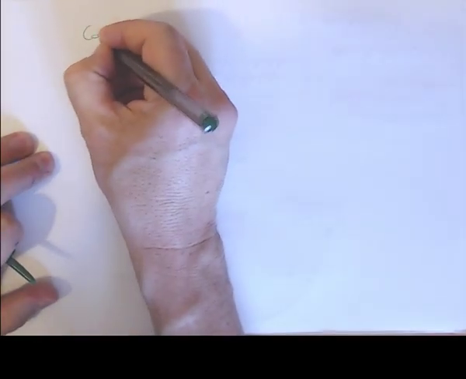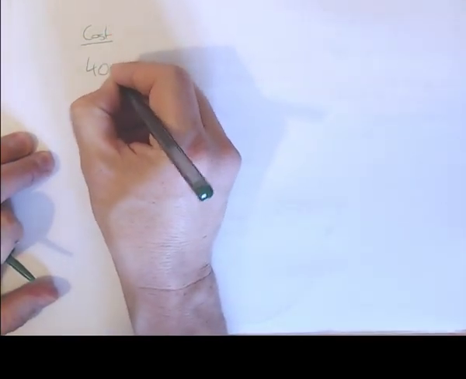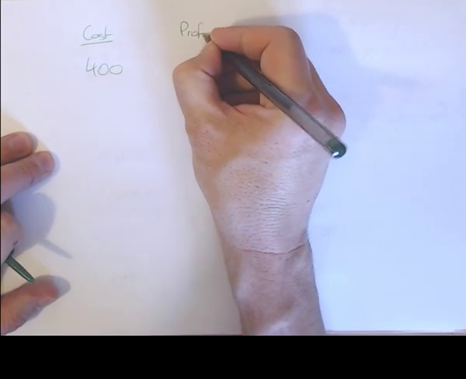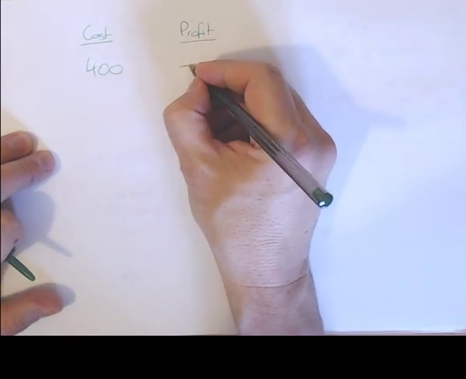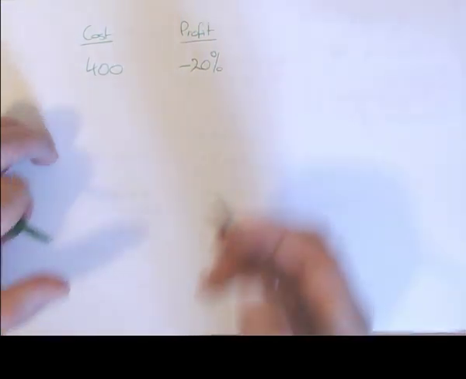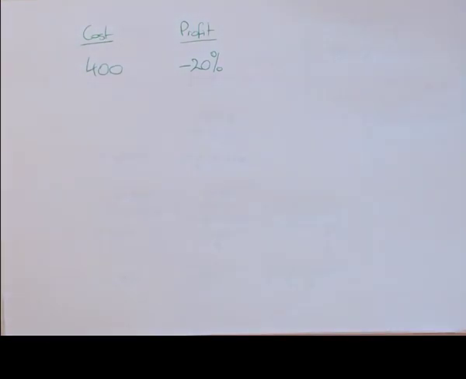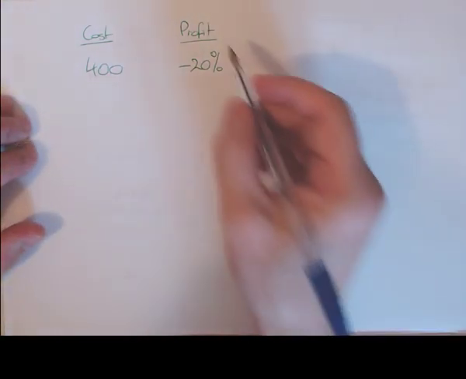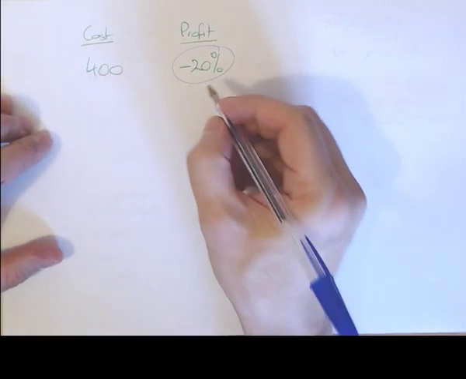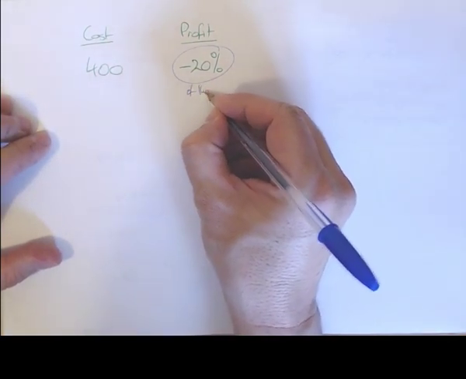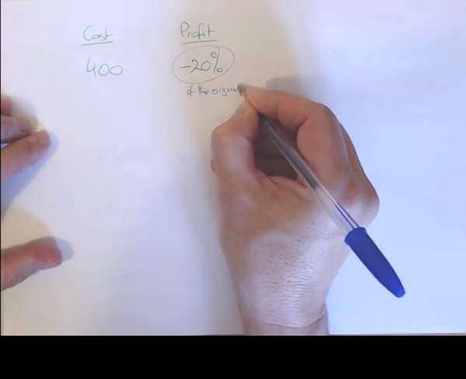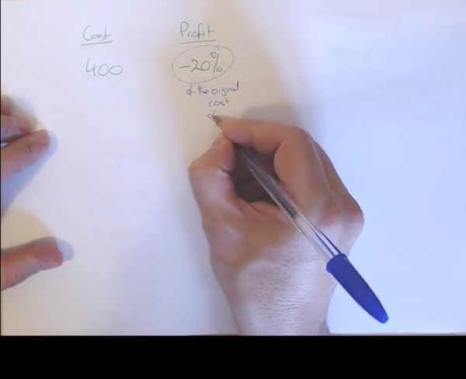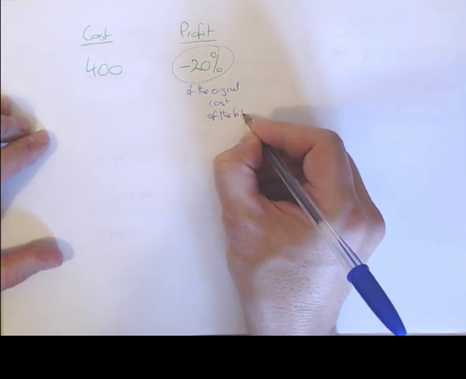One little thing. We have a cost. Imagine that was €400. We have a profit. Imagine he makes a loss of 20%. What will the sale price be? Well, of course, this isn't 20%. It's 20% of the original cost of the bike.